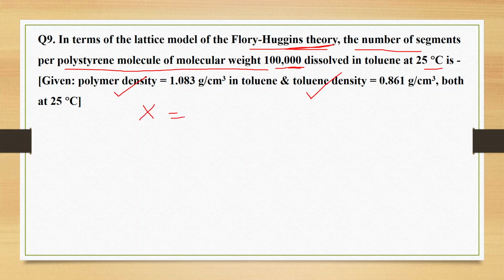You have that Flory-Huggins equation, you have a factor called x, right, where you get this by dividing the volume fractions of polymer and solvent. So they are just asking you to calculate this value for x, or number of segments, which in this particular case is also sometimes known as degree of polymerization. Okay, try to solve it and tell me the answer in the chat box, and then I will discuss.